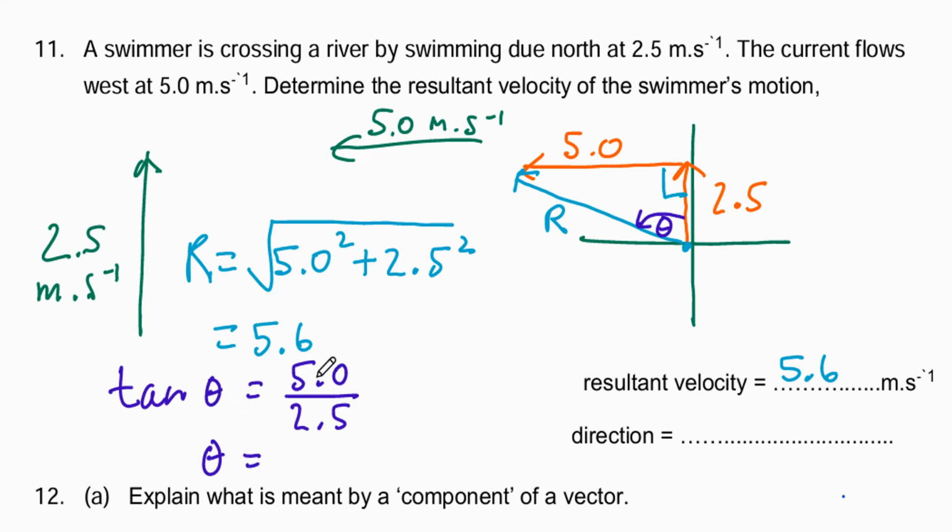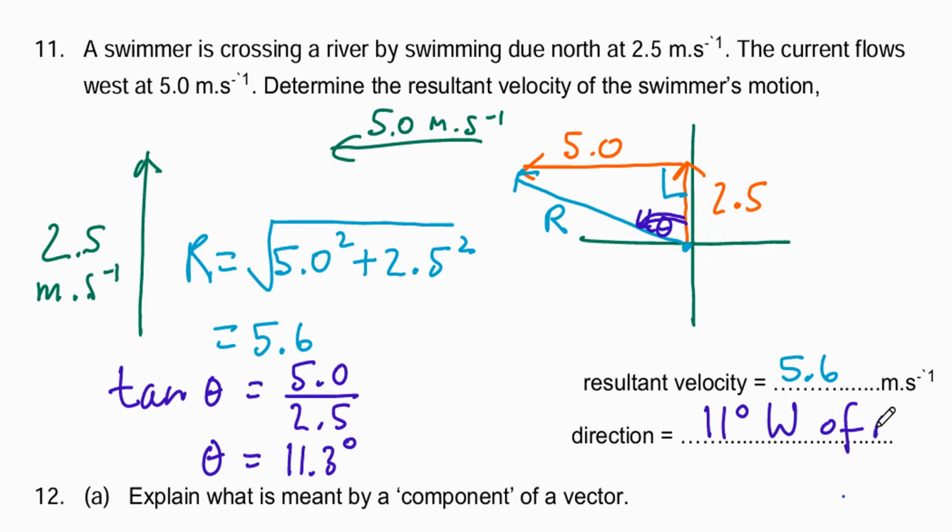Shift tan of 5 divided by 2.5 will give us an answer of 11.3 degrees. We used 2 significant figures in this calculation, so we can give our answer also to 2 significant figures. So it's going to be 11 degrees west of north.